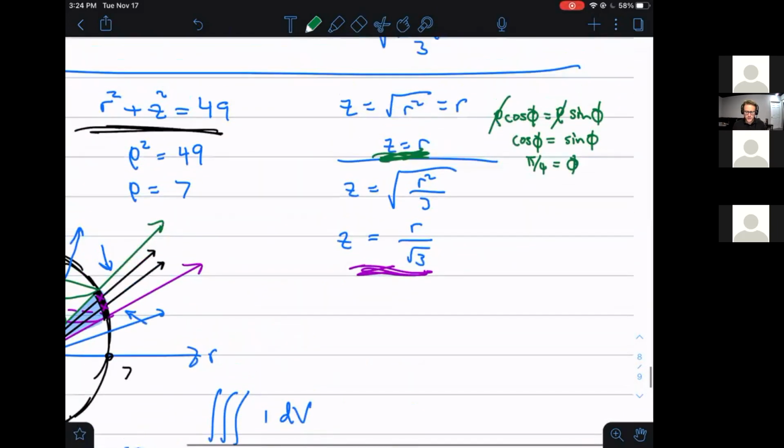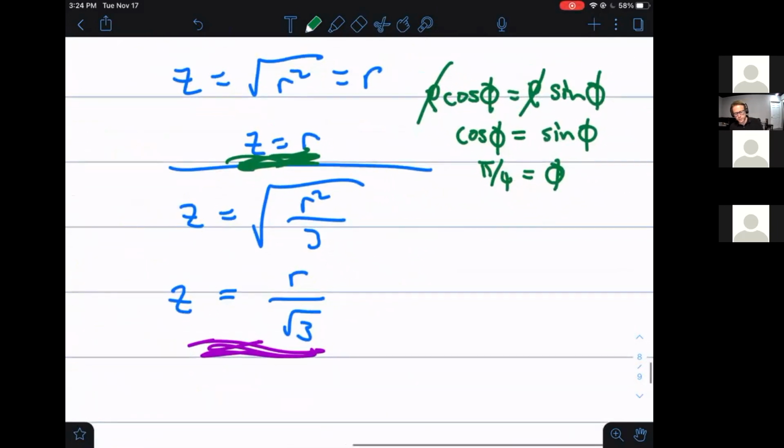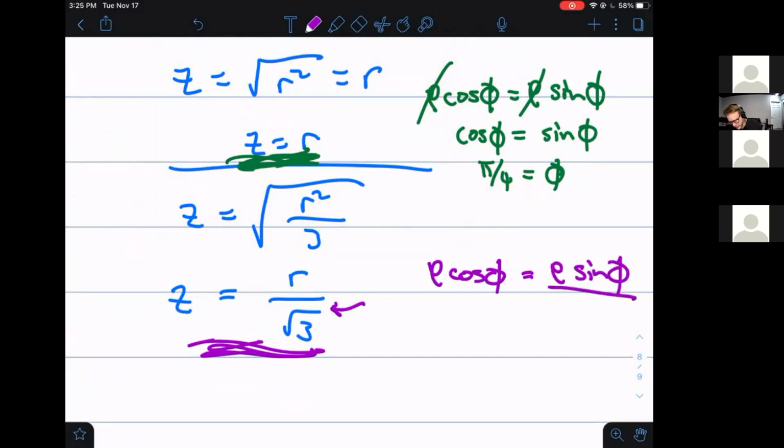How do we exit? Well, exiting had to do with that purple curve. So again, we're going to go back here. Very similar storyline here. And let's see, we take z is rho cosine phi. r is rho sine phi. This one is divided by root 3 here. Cancel these things out. I'm going to go ahead and move that root 3 to the other side. Root 3 cosine of phi is equal to sine of phi.